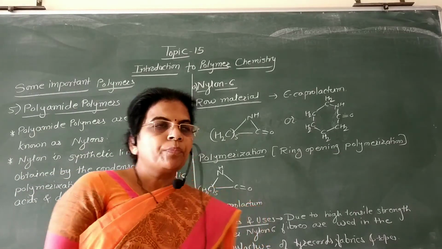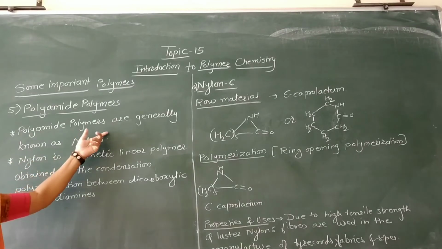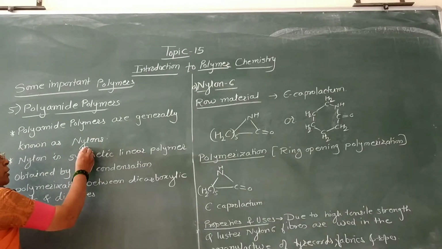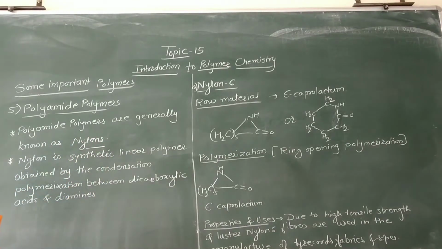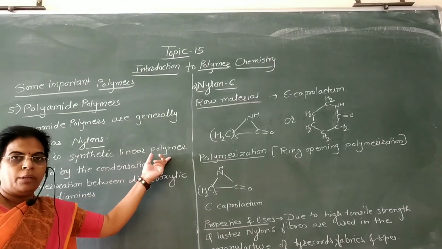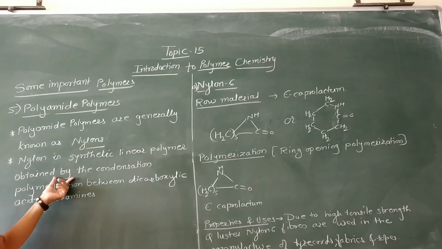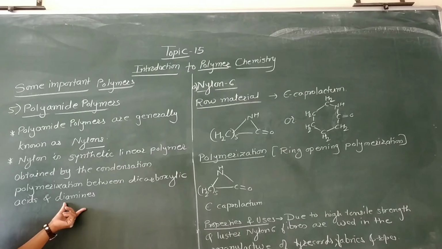Number five is polyamide polymer. These polyamide polymers are generally known as nylons. Nylon is a synthetic linear polymer, that is a straight chain polymer, obtained by the condensation polymerization between dicarboxylic acids and diamines.